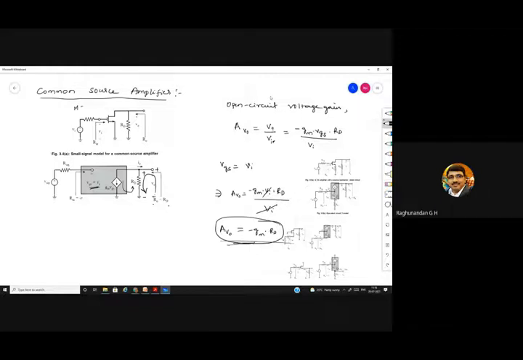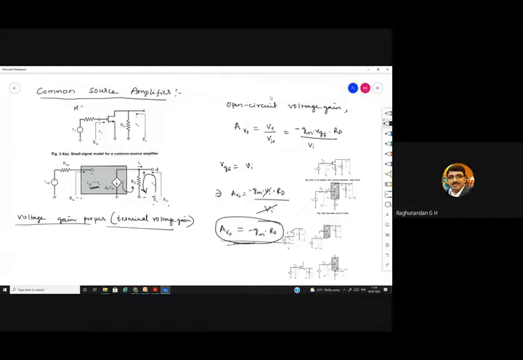To find the overall voltage gain, before that we need to find one more voltage gain, which is known as voltage gain proper, or also known as terminal voltage gain.